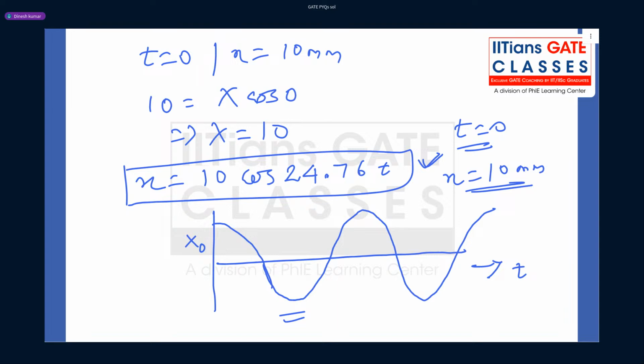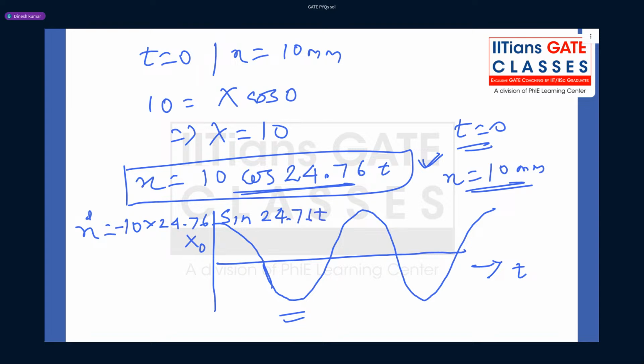At the same time, if you differentiate this, you will get velocity x dot. What will be the velocity? You will get 10 into 24.76. Differentiation of cos will be minus, so it will be minus sine 24.76 t.